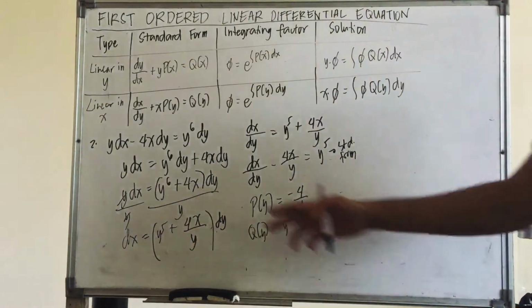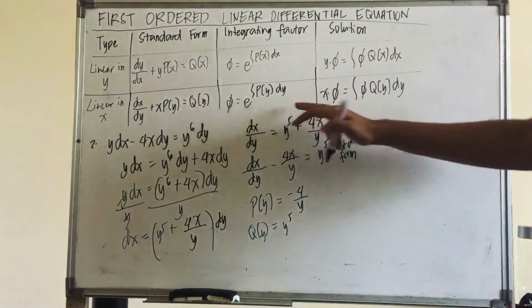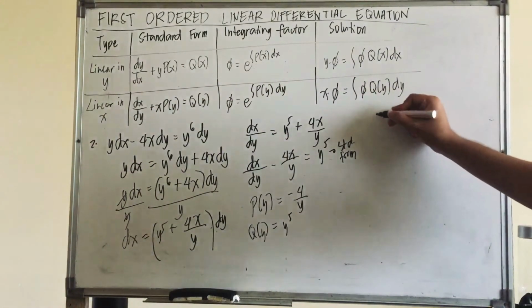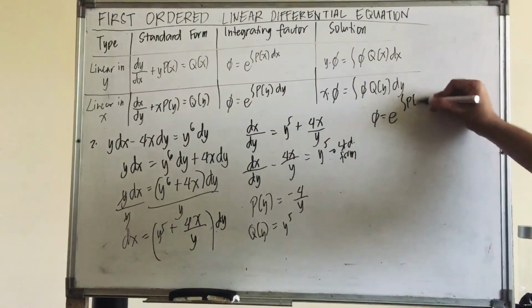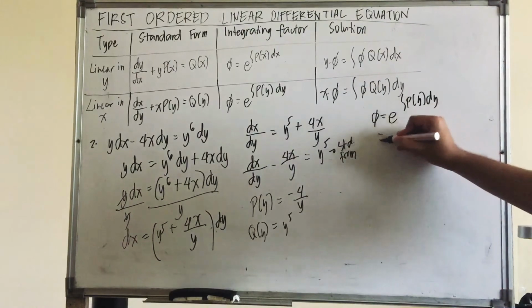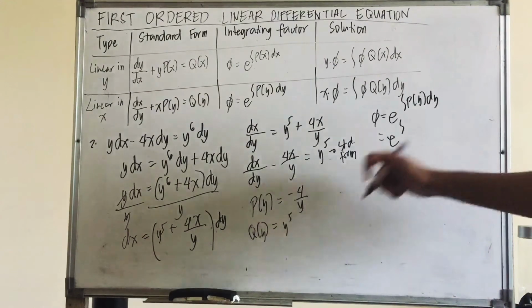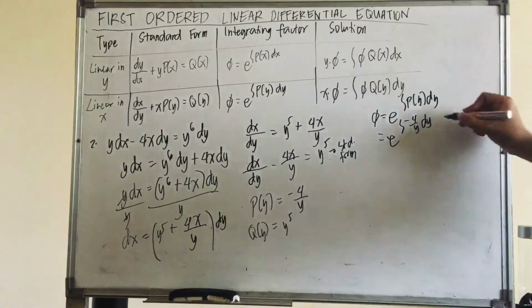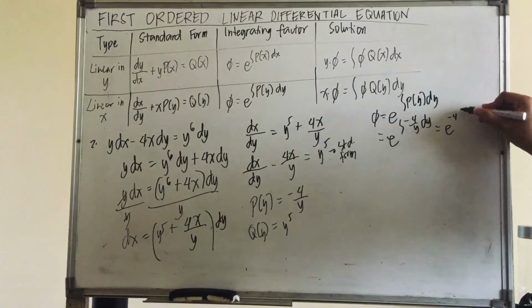So after finding the standard form, we now solve for the integrating factor. The integrating factor for linear in x is equal to e raised to the integral of p of y dy. p of y is negative 4 over y, dy. So this is equal to e raised to negative 4 integral of dy over y.